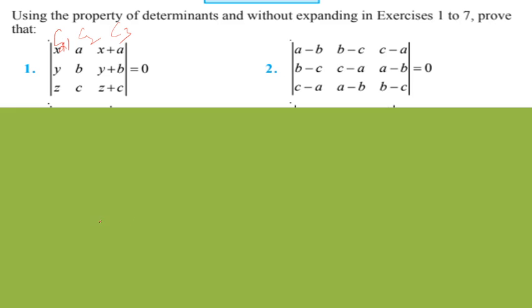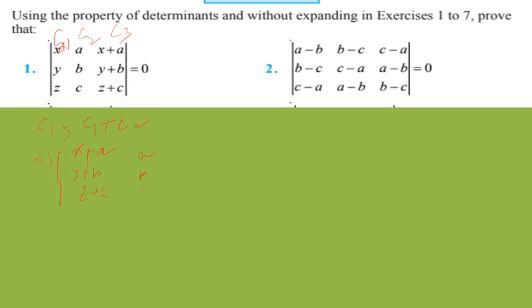Now I want to prove this determinant is 0. So for that what I do, column 1 tends to column 1 plus column 2. So I will get x plus a, y plus b, and z plus c in column 1.